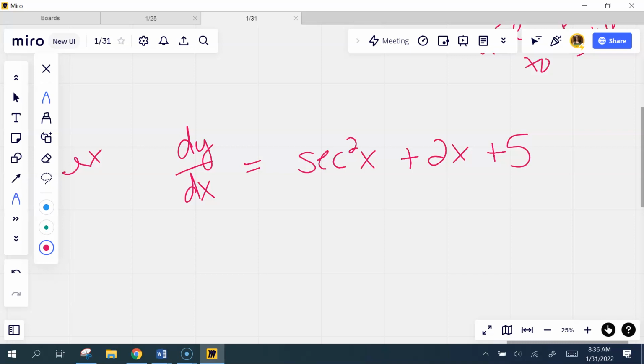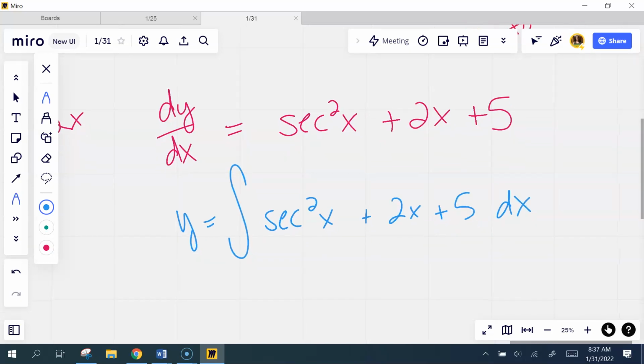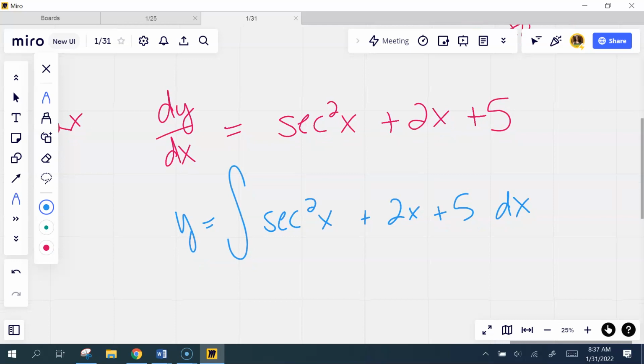Tell me what y equals. What could y equal? Let me write it this way: y equals the integral of secant squared x plus 2x plus 5 dx. Do you all agree with that?